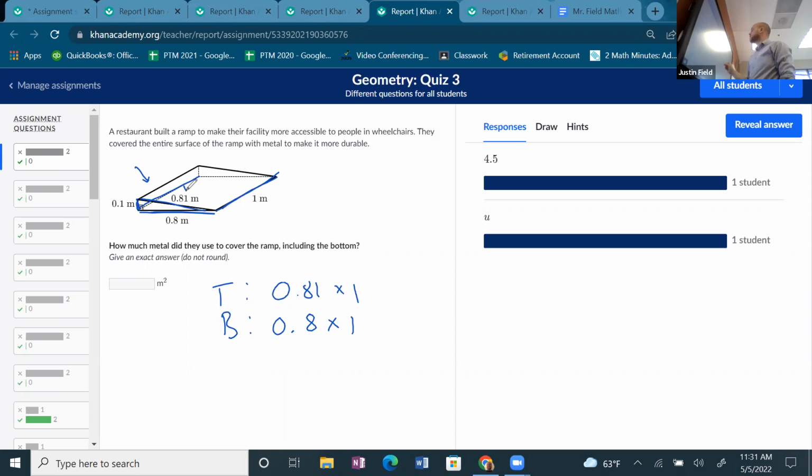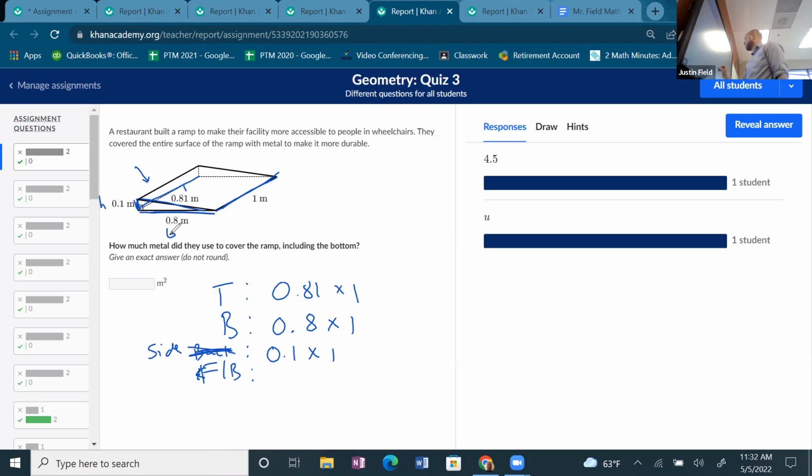So the side, what do we call it, the back, is 0.1 times 1. And then the side, the front, oh, that's not the back. We're going to call that the side, because the front and the back are both that triangle where the height and the base are right there.